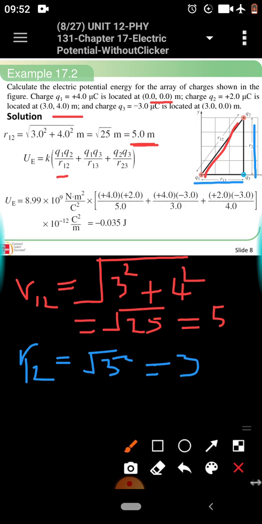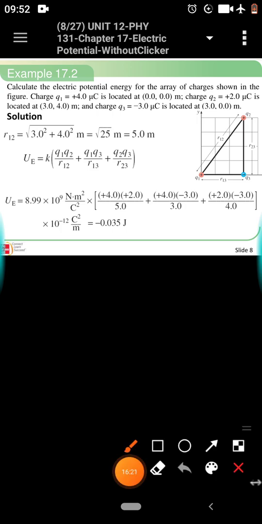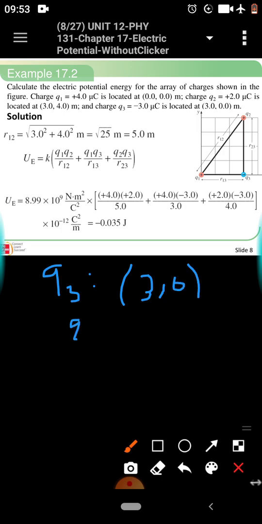So how will we find that part? We need to subtract the points of q3 and q2. In q3 we have 3, 0, and in q2 we have 3 and 4.